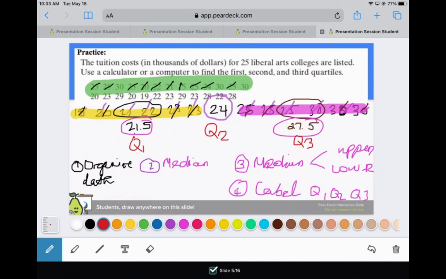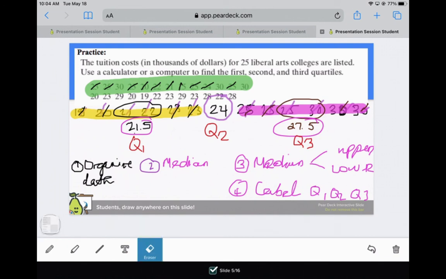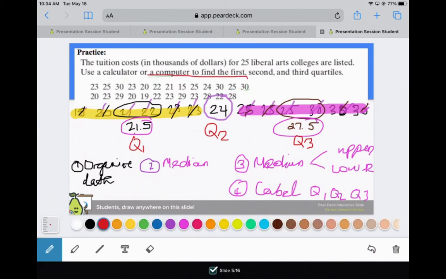I would love for you to do the practice, but let's do Google Sheets first. We're going to use the same data list right here. We're going to use those numbers. So can you do me a favor? Go ahead and open a Google Sheet. If you don't know how, let me know, but have a blank one open.